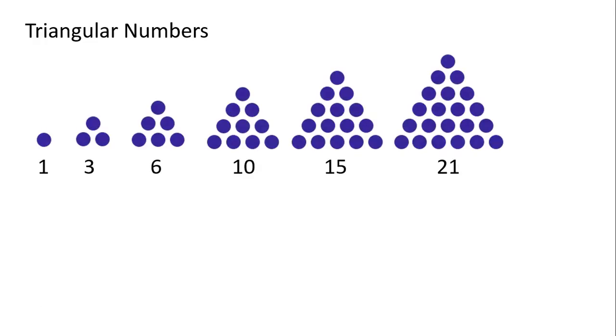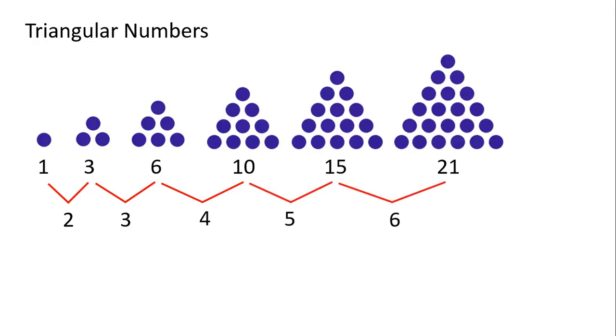Now let's think about these numbers that are forming this sequence. It's not an arithmetic sequence because to get from one number to the next, we don't have the same difference. So we don't have a common difference from one number to the next. But if you look at the differences that we do have, you'll notice that the differences, 2, 3, 4, 5, 6, form an arithmetic sequence.